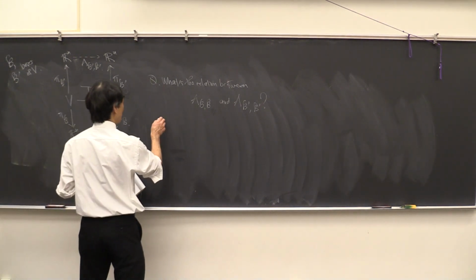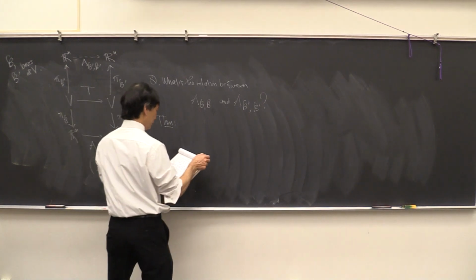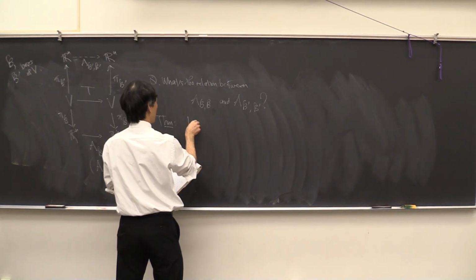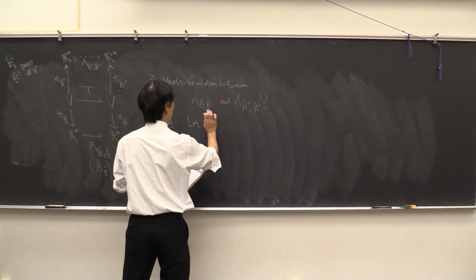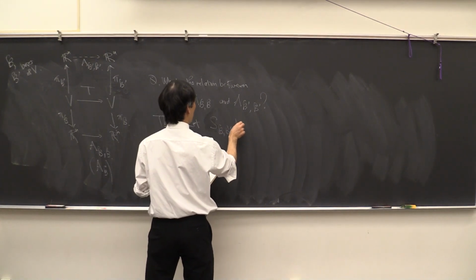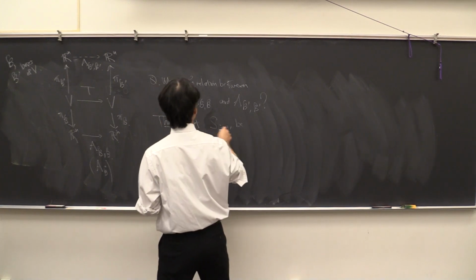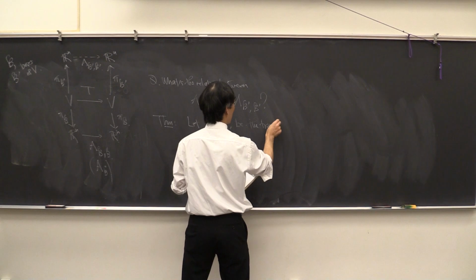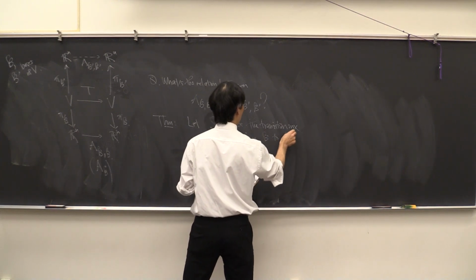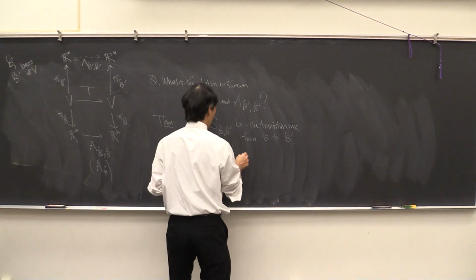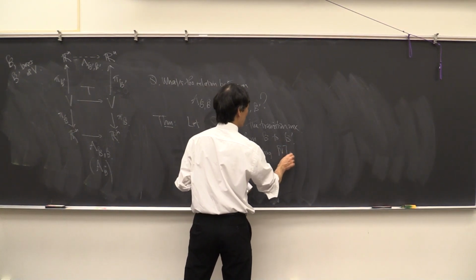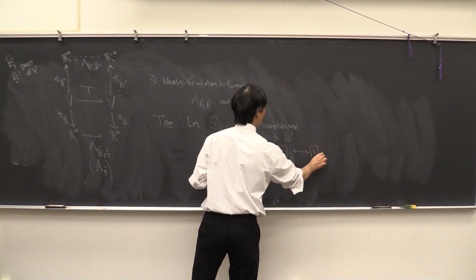Okay. And the answer is, here's the theorem, that if we let S sub B prime, B be the transition matrix from B to B prime, in other words, the one that takes the coordinate vector with respect to B to the coordinate vector with respect to B prime.